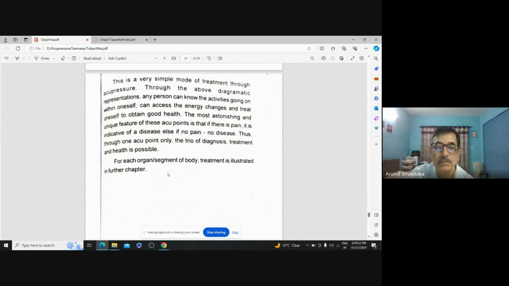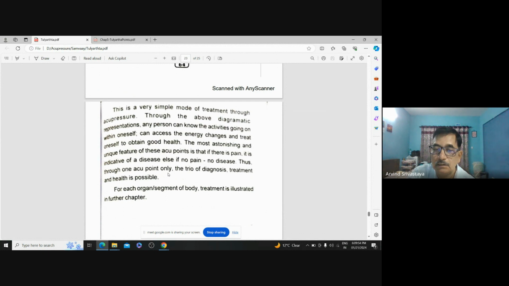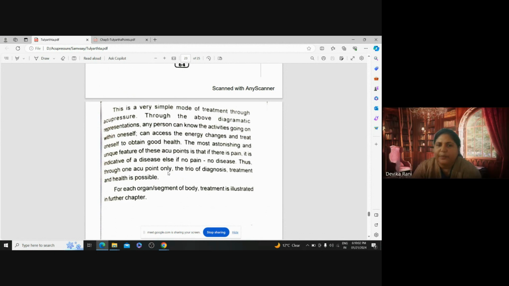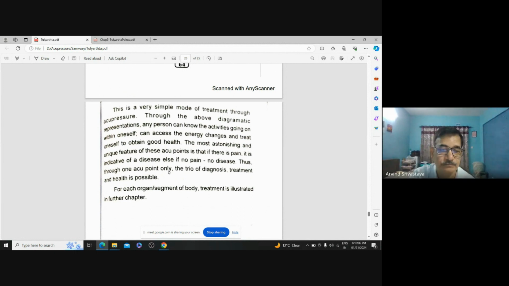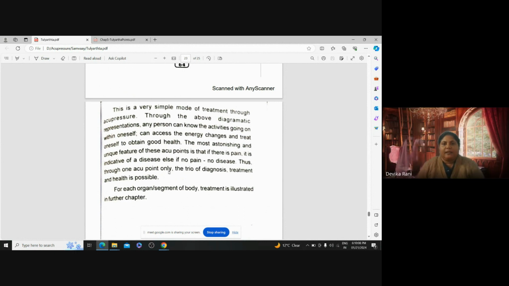Right. One question, Devika. One question came: if I have a pain in my left hand, whether I have to treat on both hands or only one hand. See, you can do either. If you have pain in your left hand, primarily you can treat it on the left index finger, but it is always good if you treat also on your right side as well.